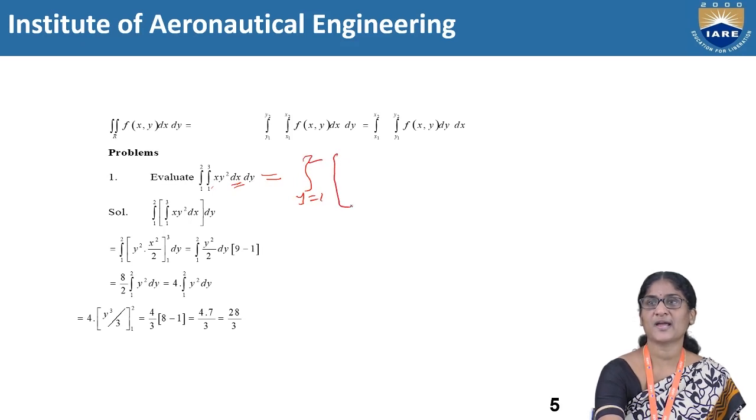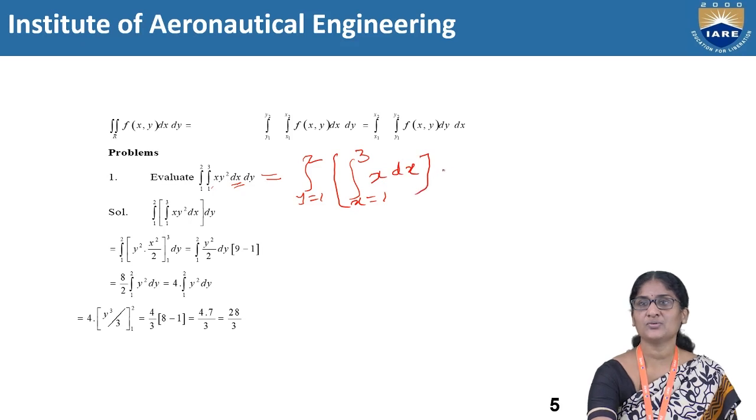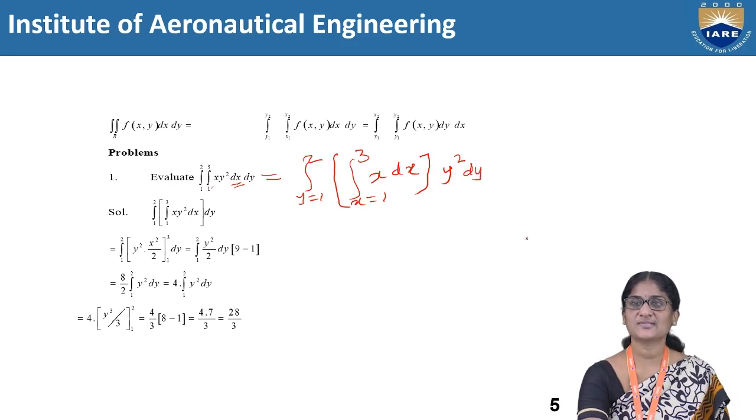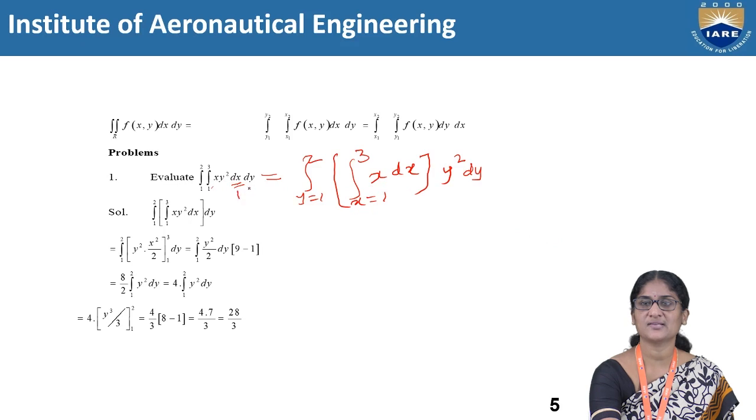Now open the bracket, the integral of x from 1 to 3. I'm doing x first, so x into dx. Close the bracket, into the remaining y square value into dy. So first I'll do with respect to x, because the first part I have is with x. You have to follow the order here.